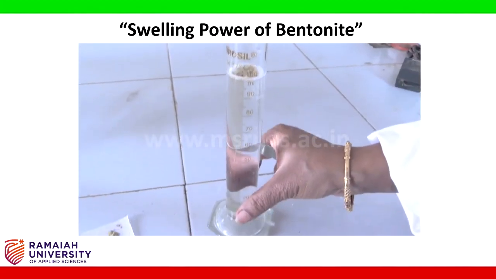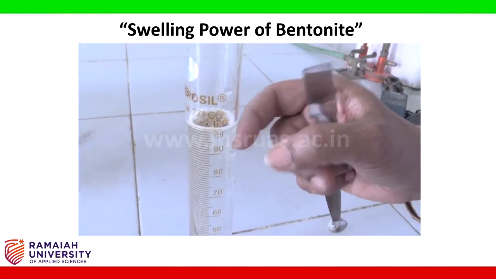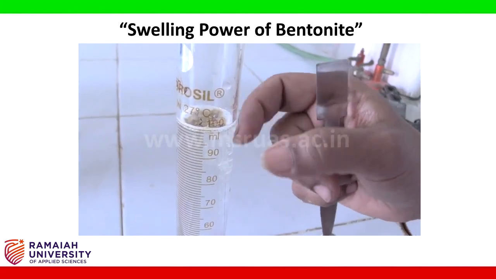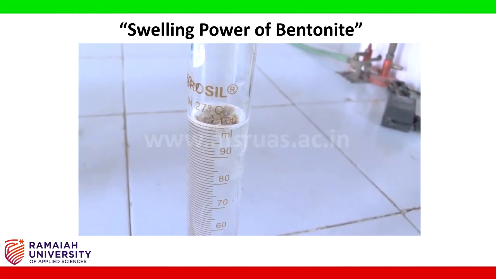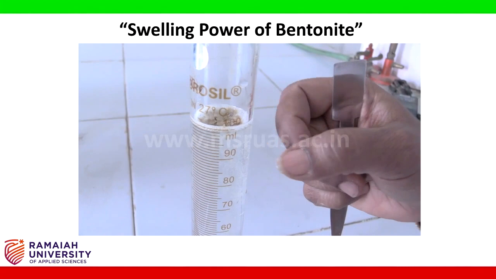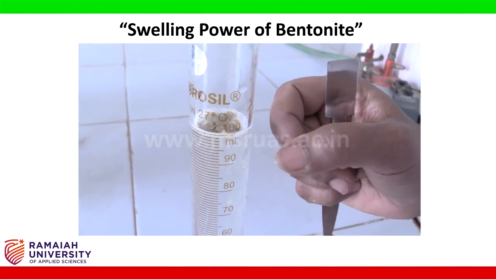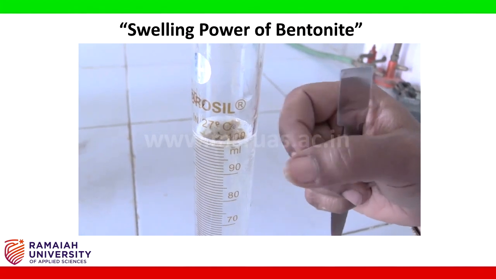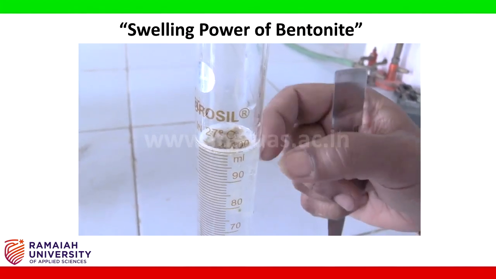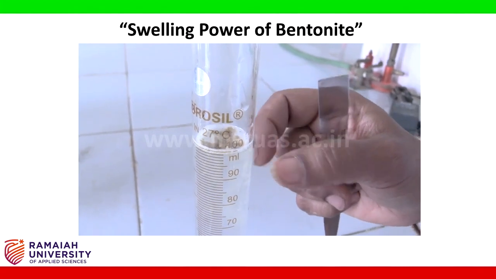Allow it to swell up. It may take 5 to 10 minutes. Gently tap the sides of the measuring cylinder so that the bentonite starts settling at the bottom of the measuring cylinder.